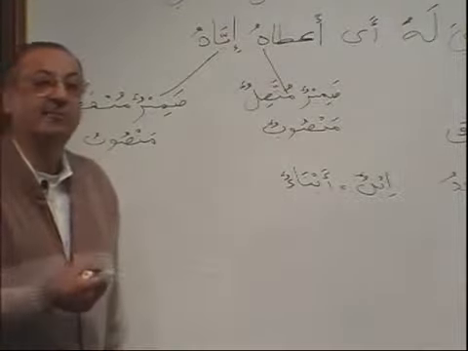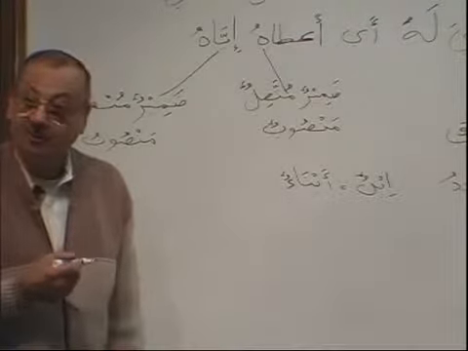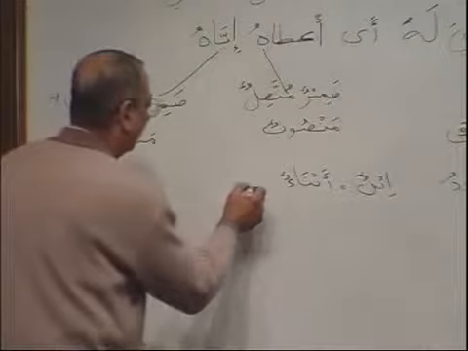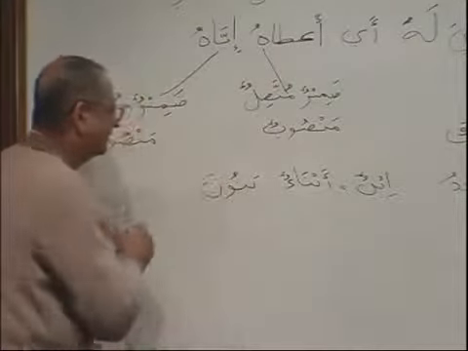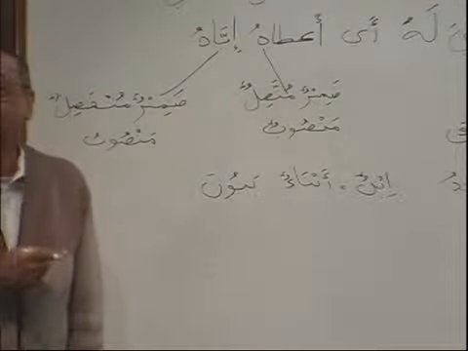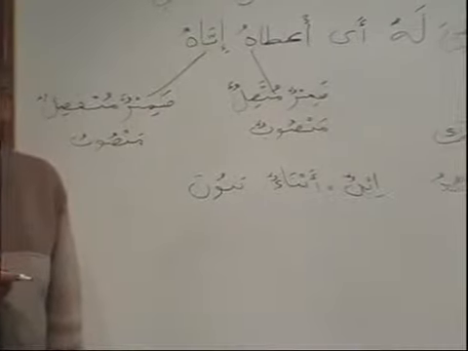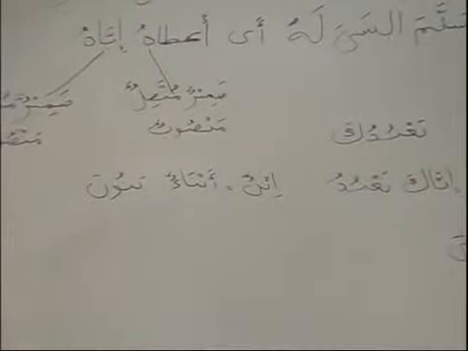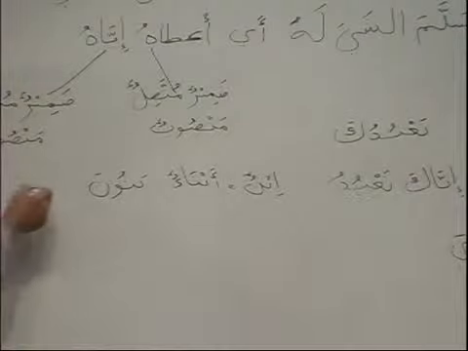And there is another plural which is jam'u mudhakkar salim, sound plural. What is the other plural? Banuna. What is Banuna? Waw and noon, sound masculine plural. Are you with me, brothers and sisters? Now, make it mansub and majroor. Banina.